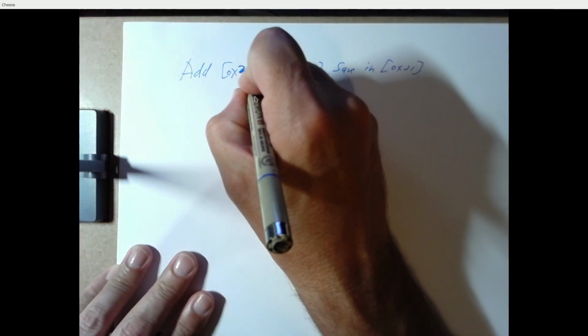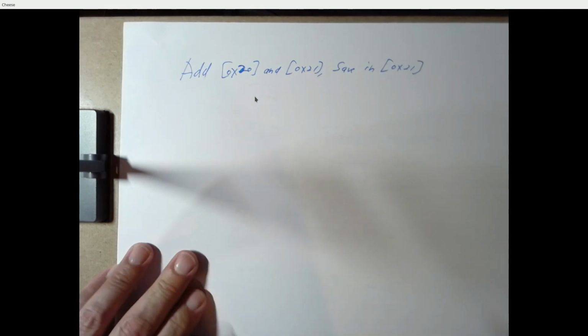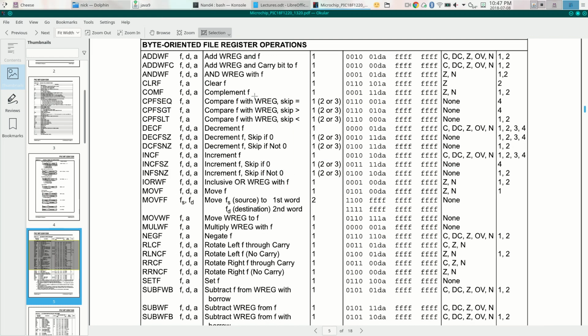Well, our add instruction, ADDWF, lets us add the W register with a file register. We haven't said what the W register is yet, but there's no way to add 2 arbitrary file registers. We can't add locations 20 and 21 together.